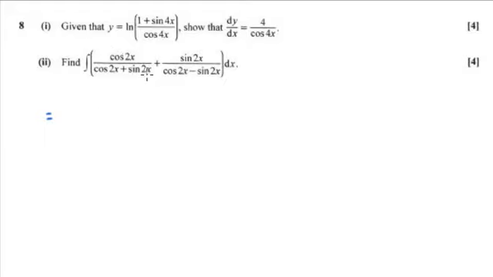We need to make the denominators the same, so we need to times this cos 2x by this denominator here. So cos 2x times cos 2x, take sine 2x. The sine 2x is going to need to be times by the cos 2x plus sine 2x.